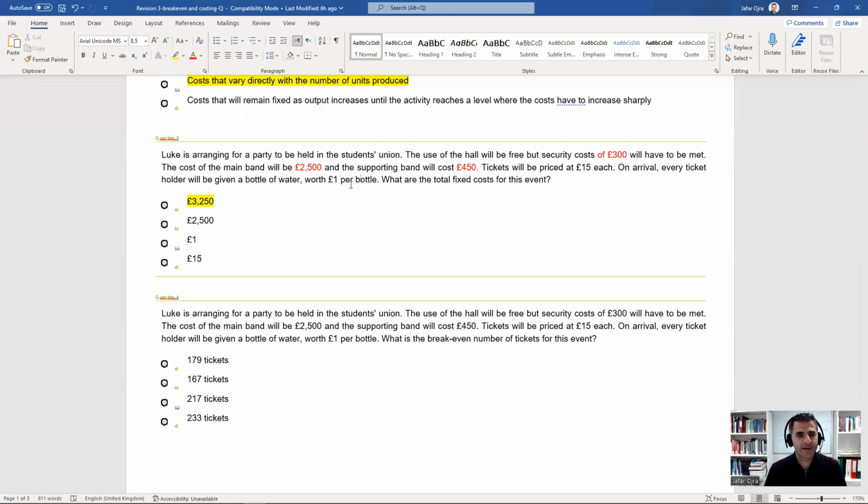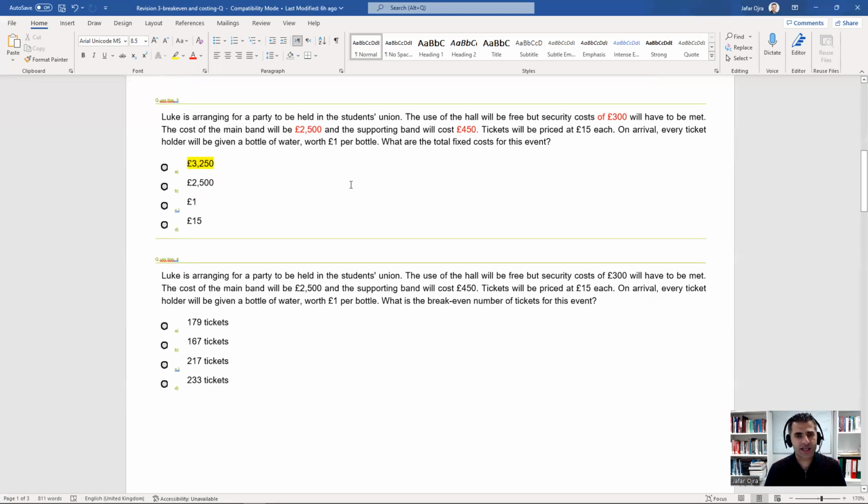Here, the same example with Luke, but this time the question asks you to calculate the break-even point. What is the formula for the break-even point? If you remember, it is total fixed cost, which we know now is 3,250, divided by contribution per unit.